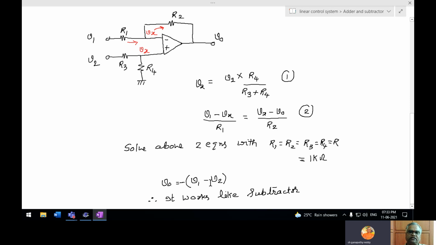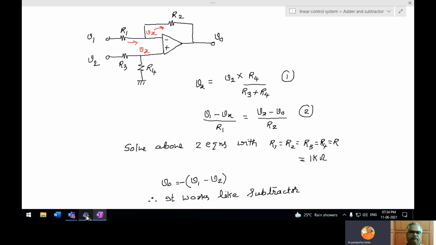Minus minus becomes plus for V2. V2 is connected to positive, so positive will come as it is. So plus V2 minus V1 is equal to minus of (V1 minus V2). So only the difference is coming as output. Therefore it works like a subtractor. This is the simple equation, simple design.